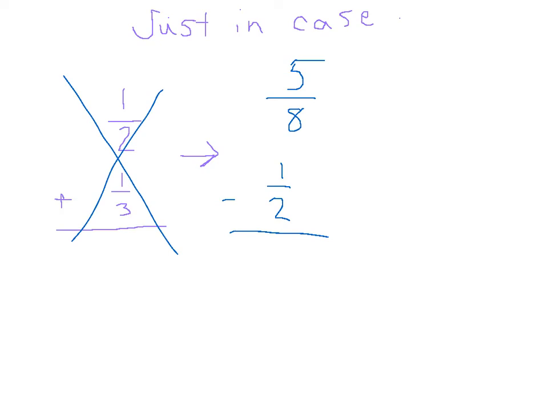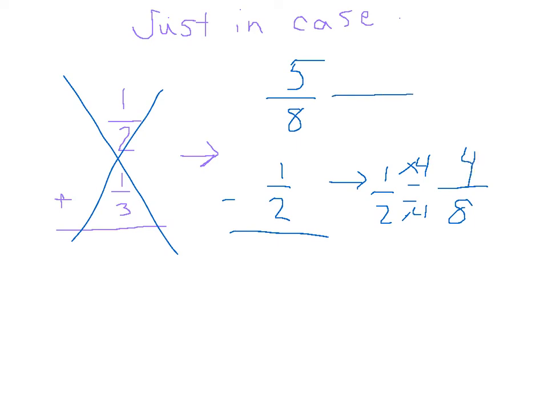Well, let's see. I'm going to try a subtraction problem now. 5/8 minus 1/2. If I do that problem, I need to think 8 and 2. What's the denominator they have in common? I know I can multiply 2 and that will give me 8. So if I convert this, 1/2 equals, let's see, I need a number with an 8 in the denominator. 2 times 4 is 8, so I have to do the same to my numerator. 1 times 4 is 4.